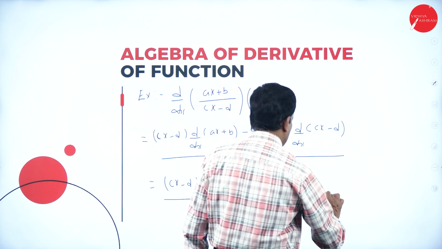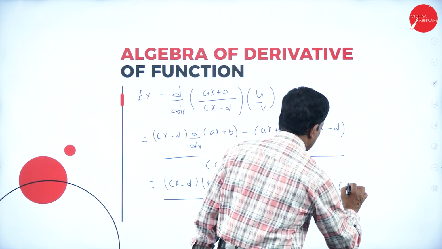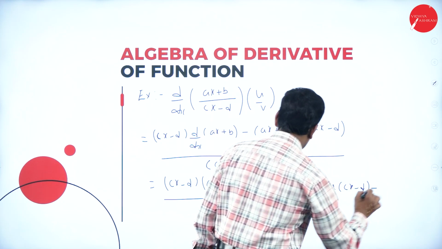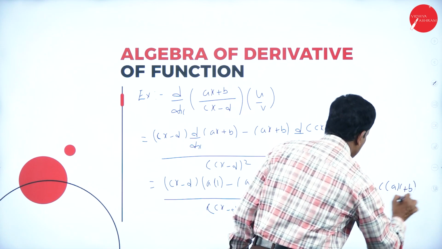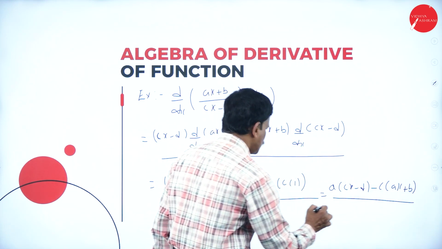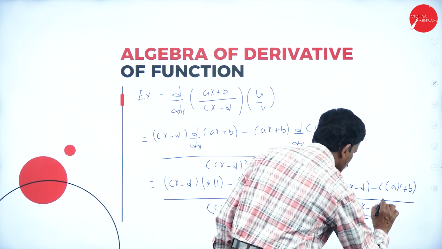So this can also be written as a into cx minus d minus c into ax plus b, divided by the denominator squared, cx minus d whole squared. That's it.